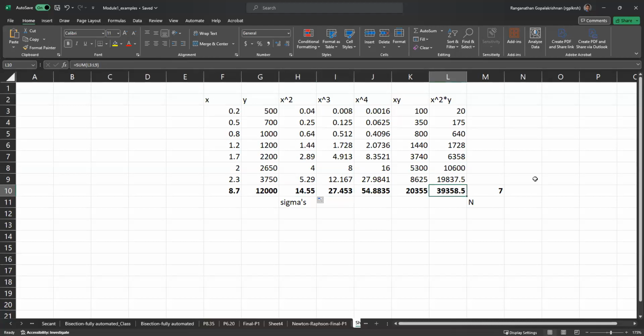That is this number, 39,358.5, equal to sigma xi squared, which is 14.55 times a naught, plus xi cubed, which is 27.453 a1, plus x to the fourth, which is 54.8835 a2.